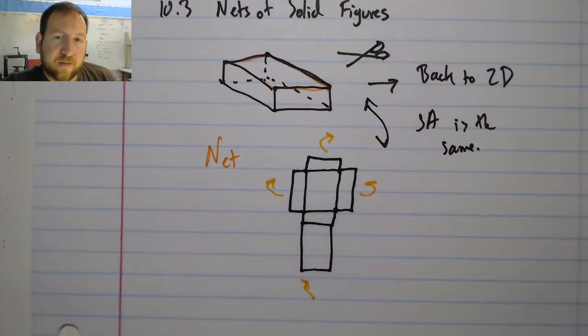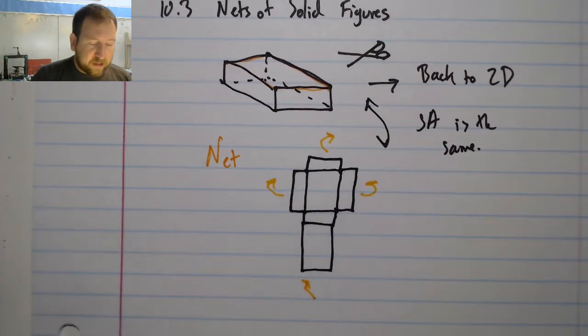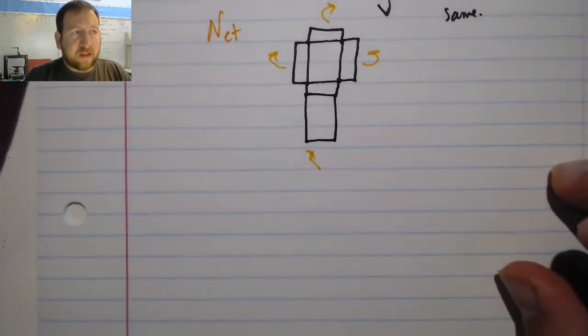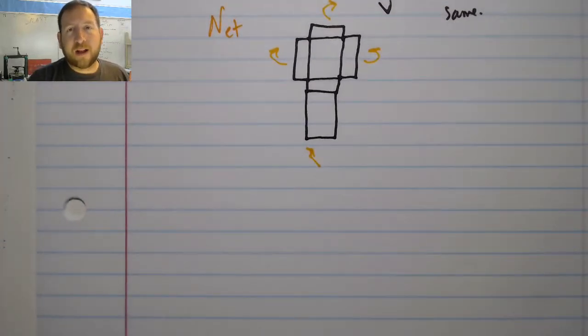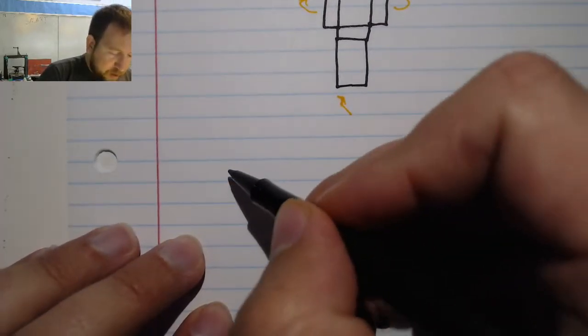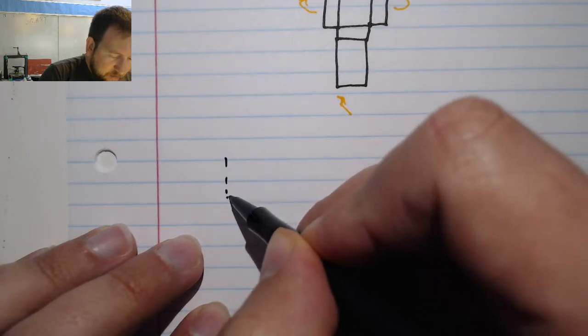But a lot of times it's very helpful for us to look at our 3D shapes and our solids as nets. So in this section we're going to be thinking about what they might look like if they were taken apart, and rebuilding them in our heads. For example, a question might say, what shape is this?